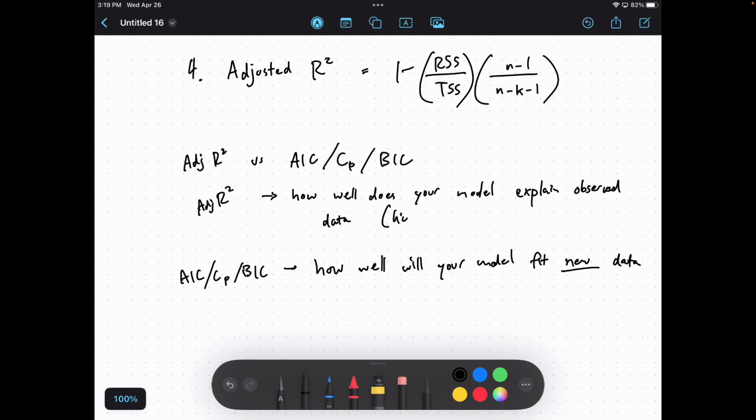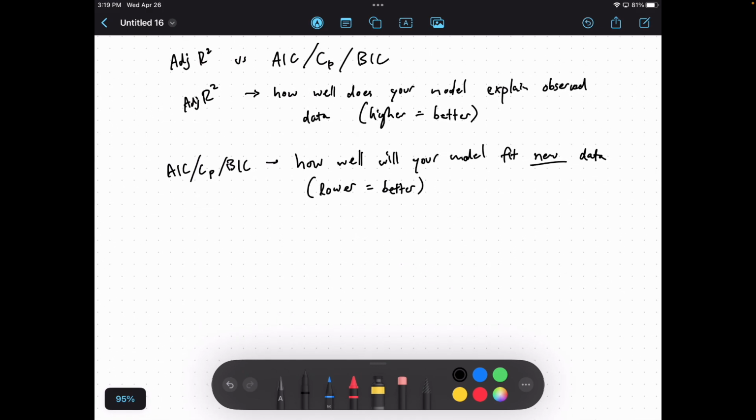In this case, higher equals better, and these are all lower equals better. But all of these will penalize more parameters, right?